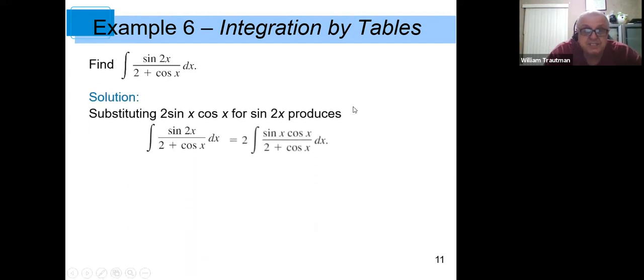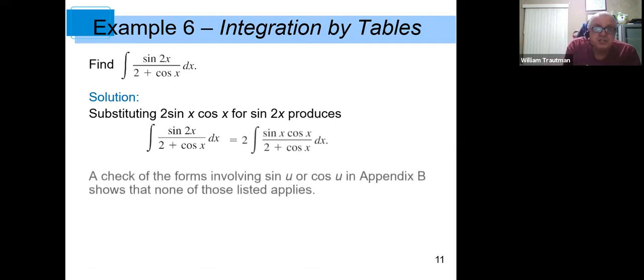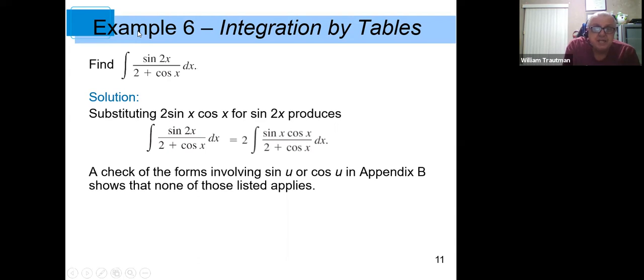Since I can't find the sine of 2x, I have to change that to something using my trig identities, my trig formula sheet. And sure enough, the sine of 2x can be changed to 2 sine x cosine x, and they show that here.